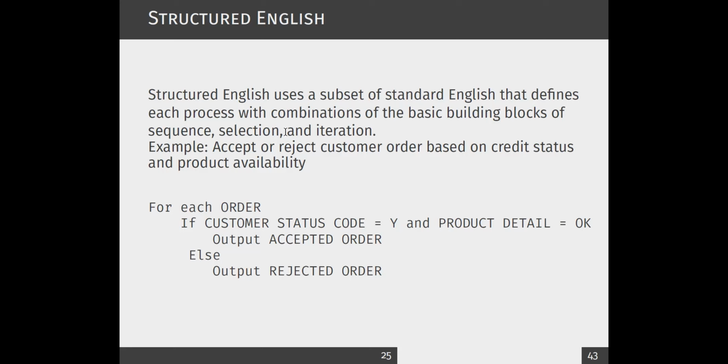If customer status code is yes, assuming the customer has a good credit score or will pay on time, and product details are okay, which means the product is in the store, then we can accept the order. If both are not satisfied, say the customer's credit code is bad, or the product is missing or not available, then it's not going to work. So that's a simple structured technique to represent processes.